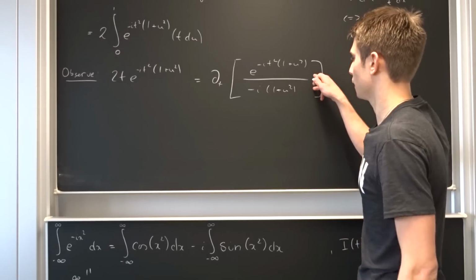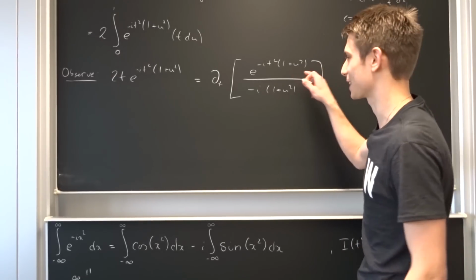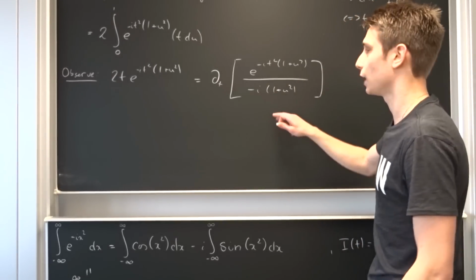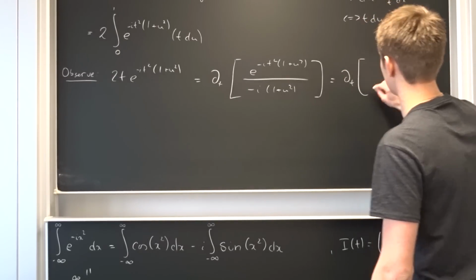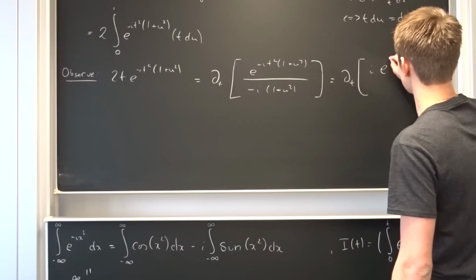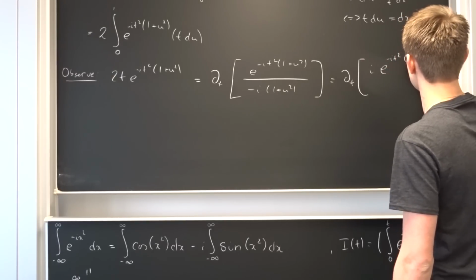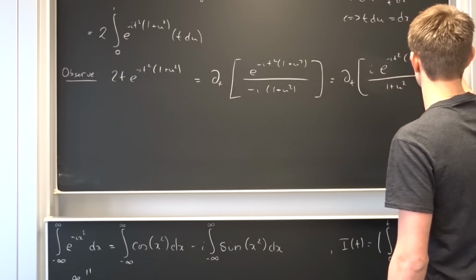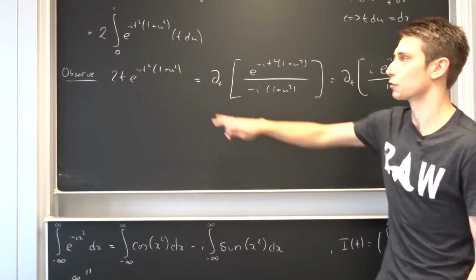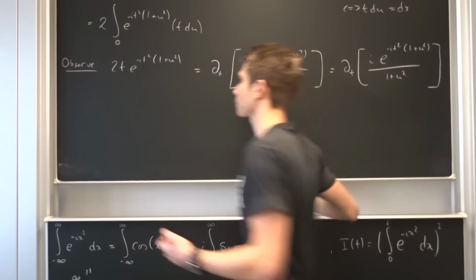So that's great, and we can write this a little bit differently. We can expand this fraction with I over I. So this becomes the partial derivative in terms of t of I times e to the minus it squared times 1 plus u squared over 1 plus u squared. And we can plug all of this in here and see what we get.